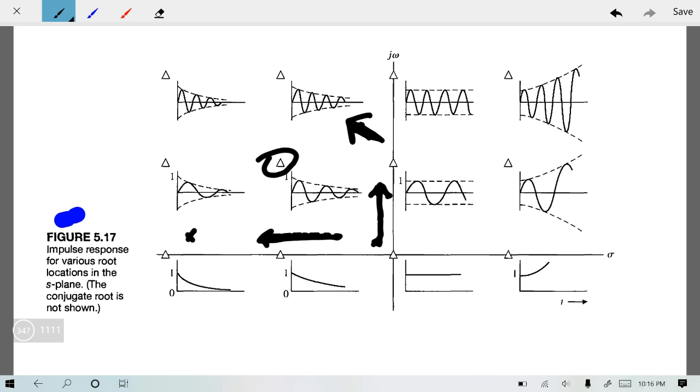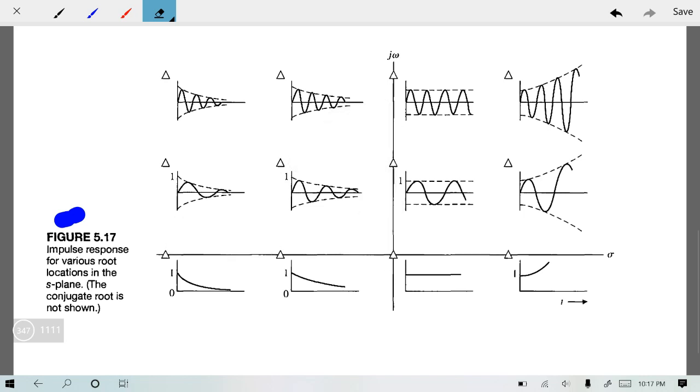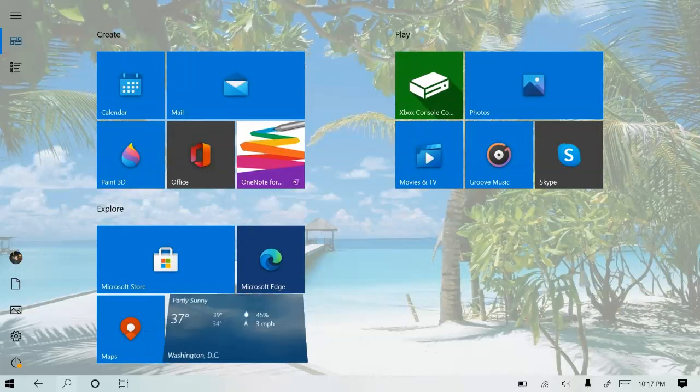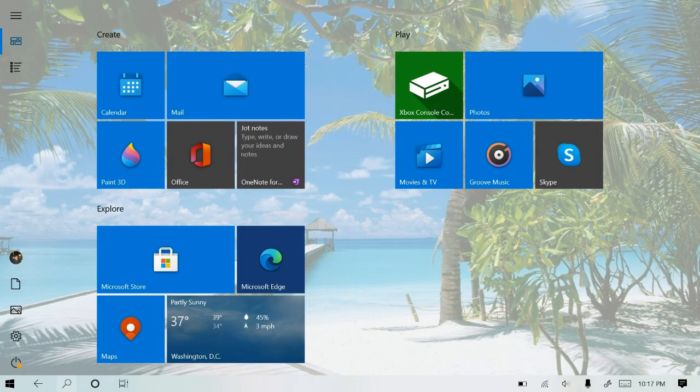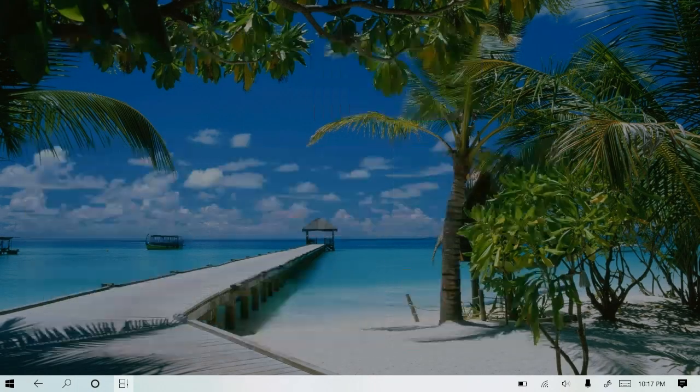This is critically important when you are in a position to design a system and observe its performance. If you have designed a system whose poles lie in the right half plane, you can see what will happen to your system. But if you have designed a system whose poles lie in the left half plane, then obviously that would be a better system.